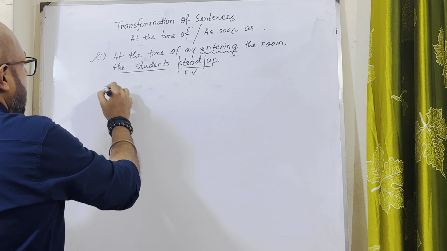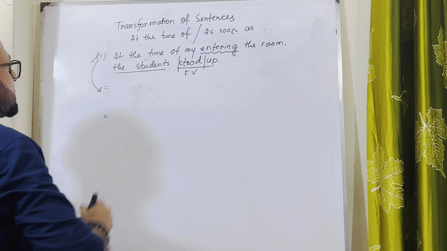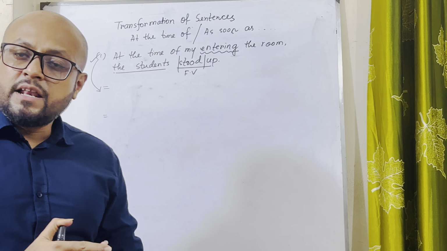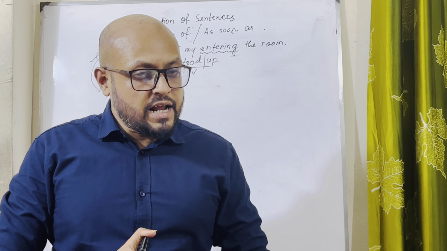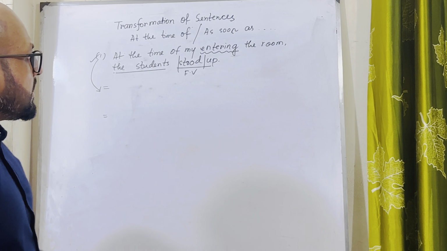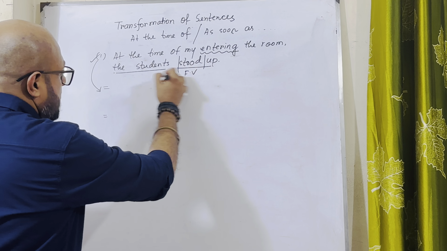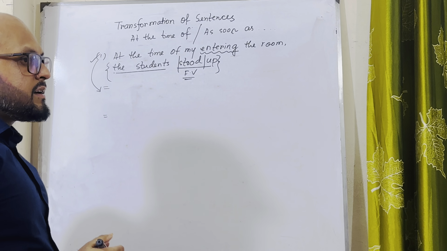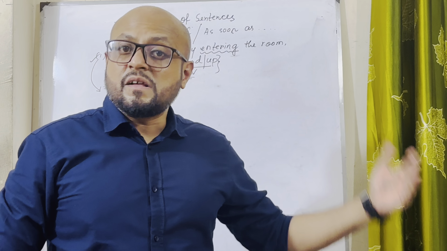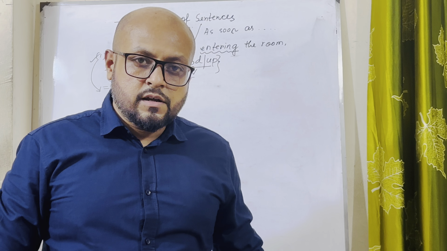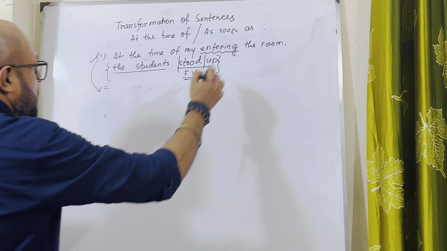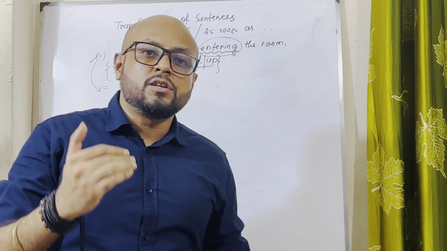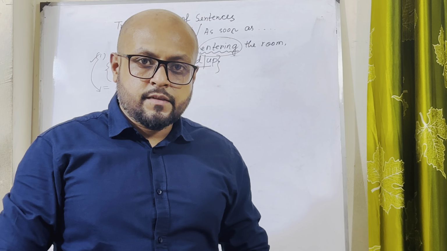And when I want to change it into a complex form, we need two clauses, a main clause and a subordinate clause. The part of the sentence that has the finite verb will become the principal clause or main clause. The part where I have the non-finite verb, I need to change into a finite verb.